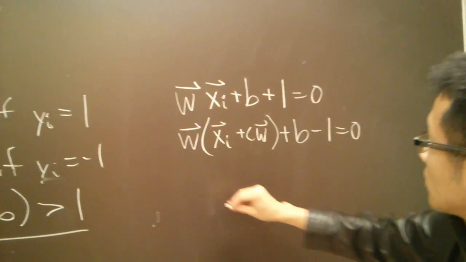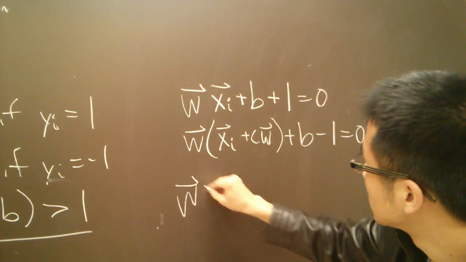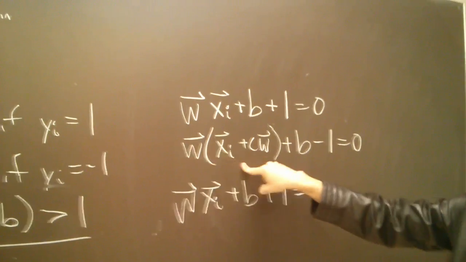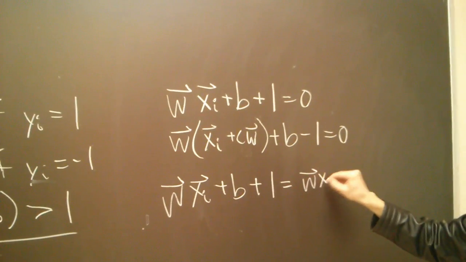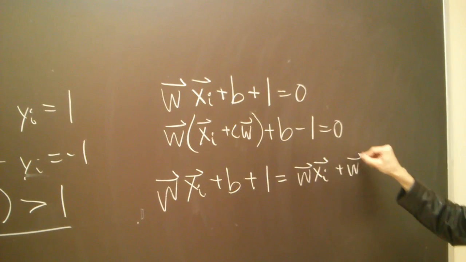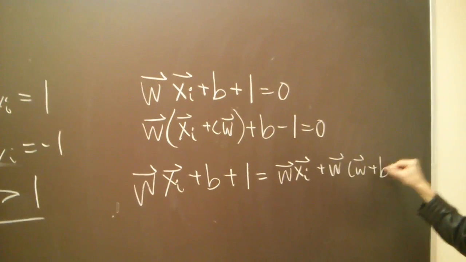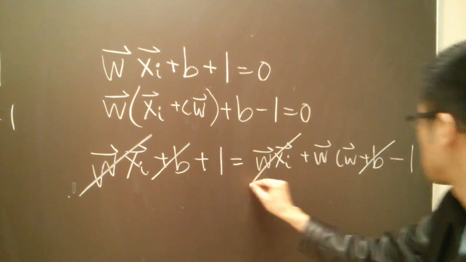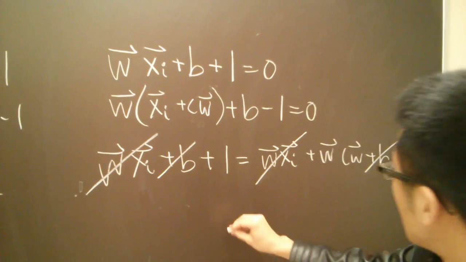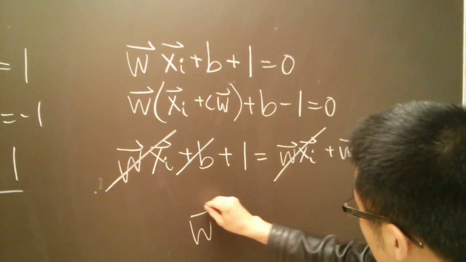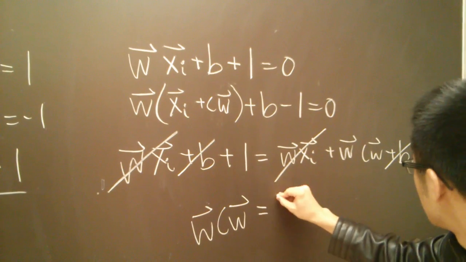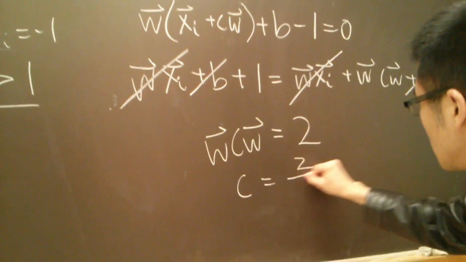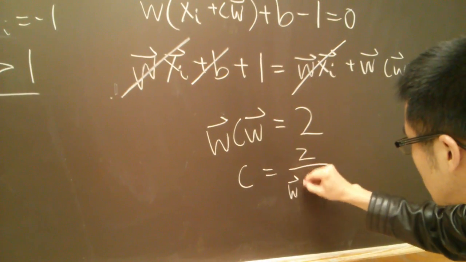Okay, so putting these two equations together, we'll get this. And I'm just going to distribute this here. Okay, we can get rid of the b's here. We can get rid of the w·x, and that'll leave us with c w·w is equal to 2. Okay, so solving for c, we get 2 over w·w.